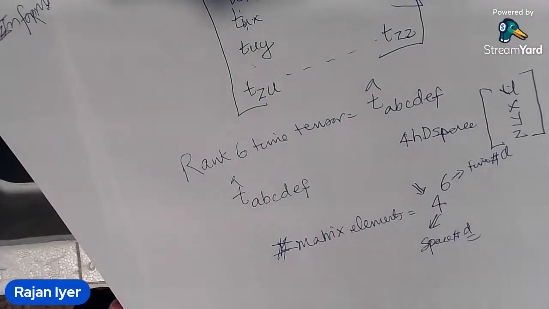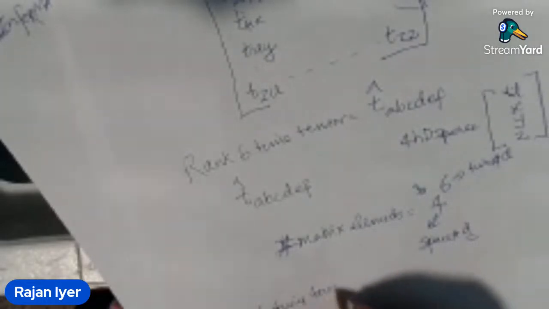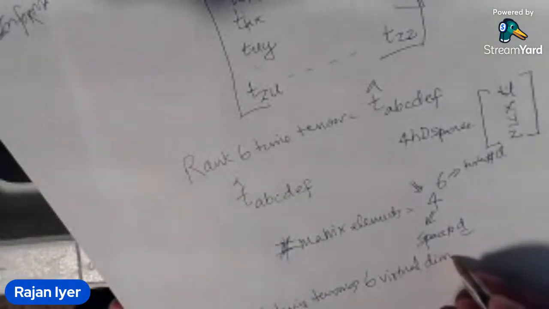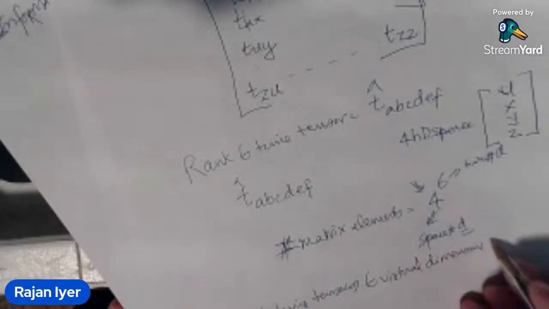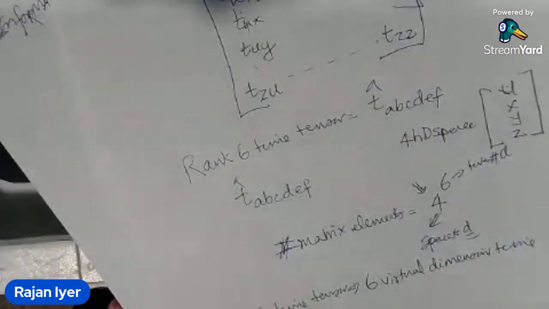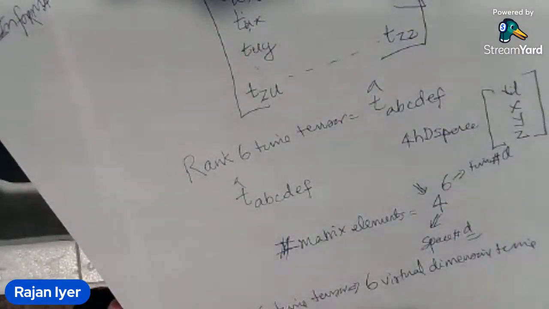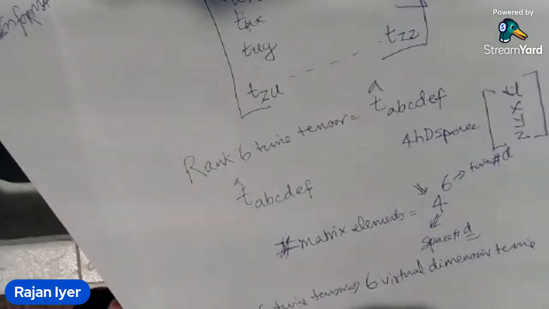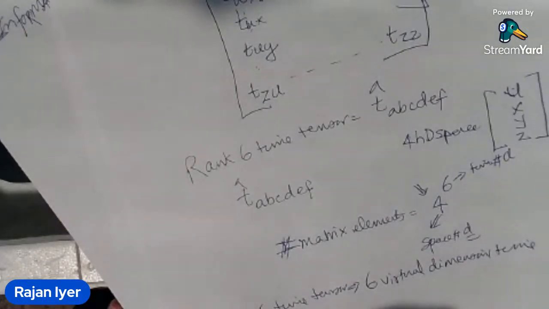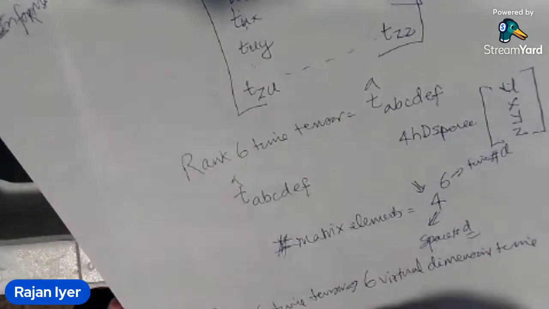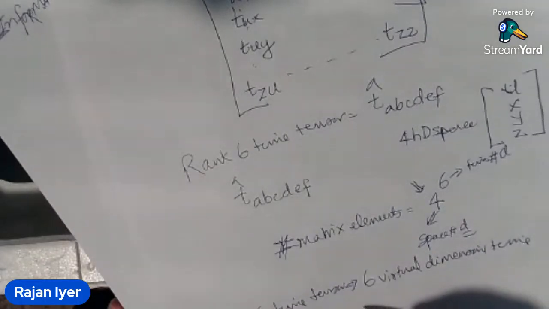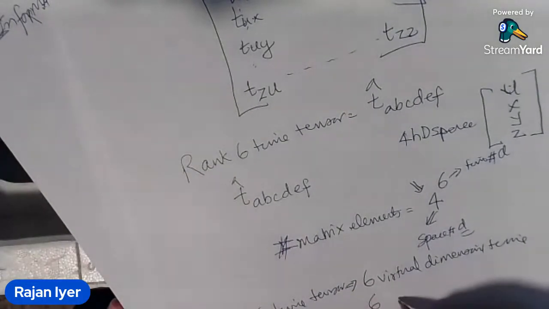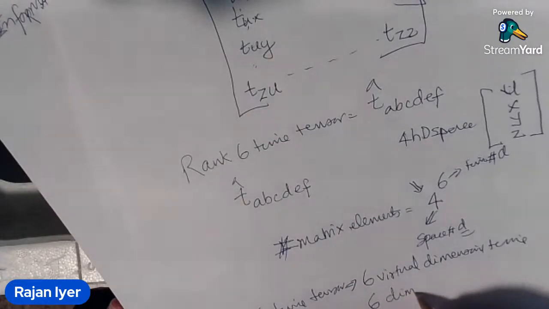So a rank 6 time tensor will have 6 virtual time dimensions, and then we have 4 hyperdimensional space.